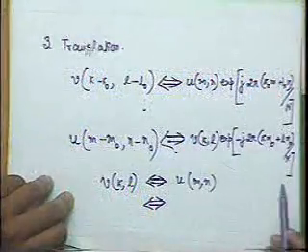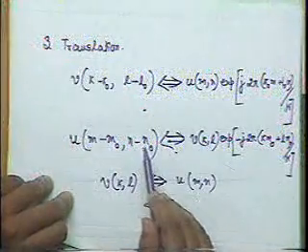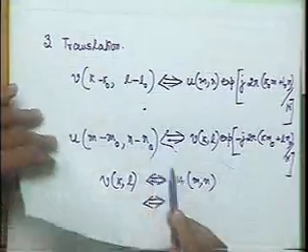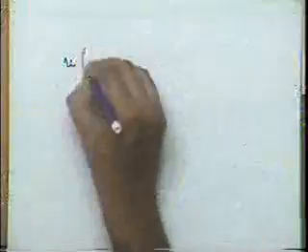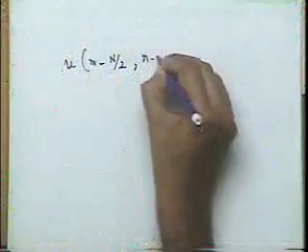Now when m0 becomes equal to N by 2 and n0 becomes equal to capital N by 2, I am considering u of (m minus N by 2, n minus N by 2).